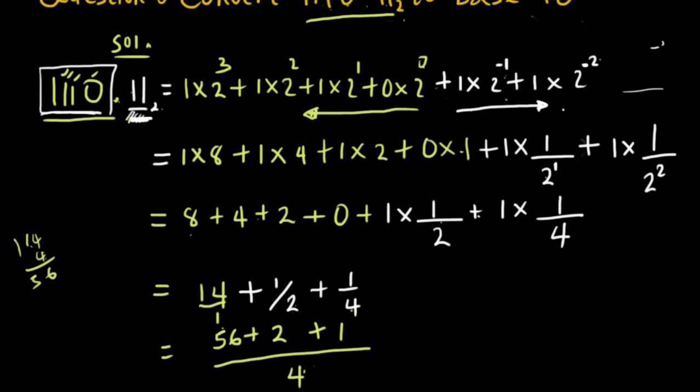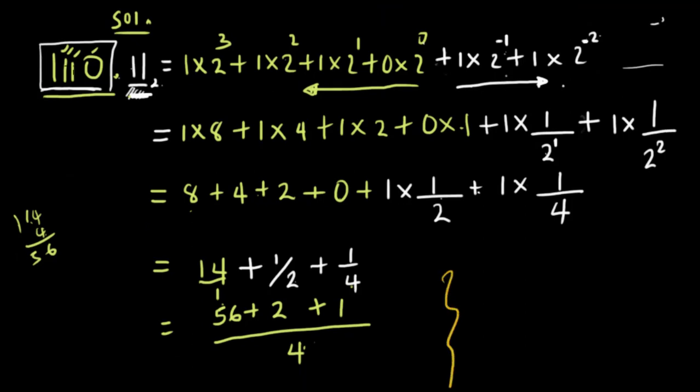So our answer is 56 plus 2 is 58, 58 plus 1 is 59. So we have 59 all over 4, and this is in base 10. So 1110.11 in base 2 is equal to 59 all over 4. I hope you understand it.